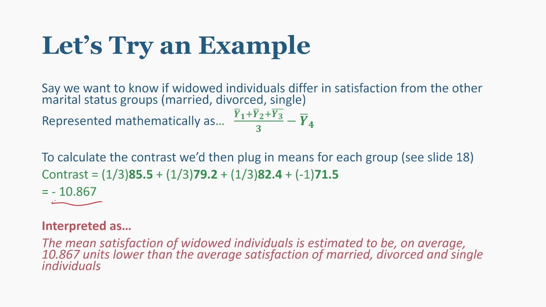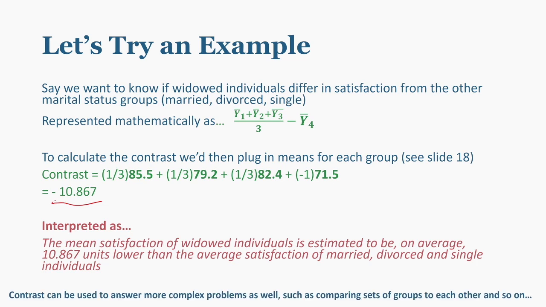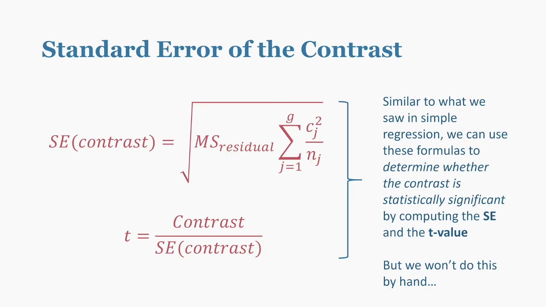So really the purpose of a contrast is that instead of just knowing that there are significant differences between the means of these groups, it allows us to pinpoint where those differences exist and what they are. If we want to know whether the contrast is statistically significant, so is the widowed group significantly different from the 3 other marital statuses, we can calculate a t-statistic in a similar way to how we would have done for simple regression.